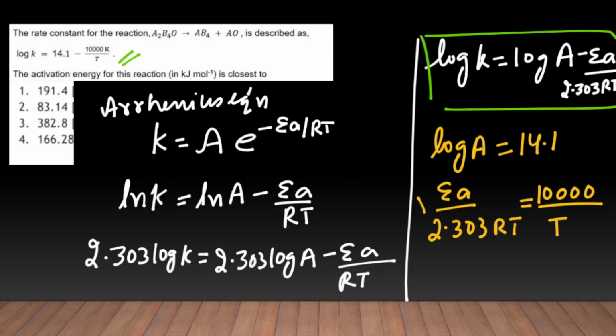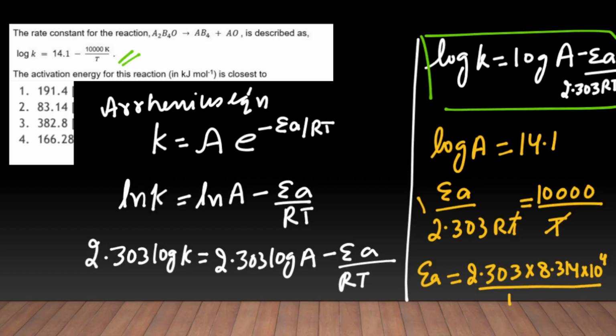So T will get cancelled out. So Ea comes out to be 2.303 into the R value, which is 8.314. This will bring the value in joules per mole, and this value is 10 to the power of 4. In kilo you have to find it, so divided by 1000 it becomes kilojoule per mole.